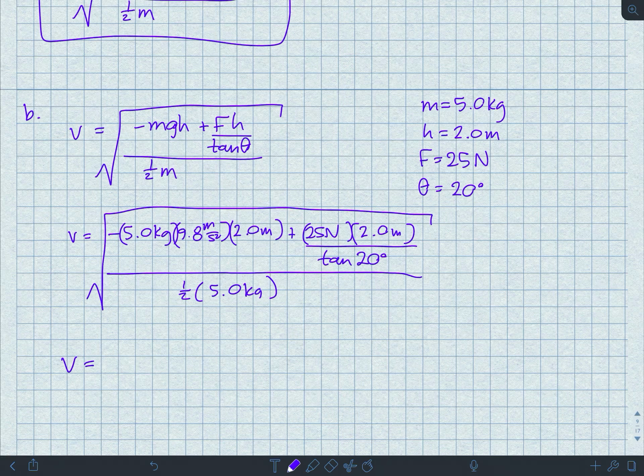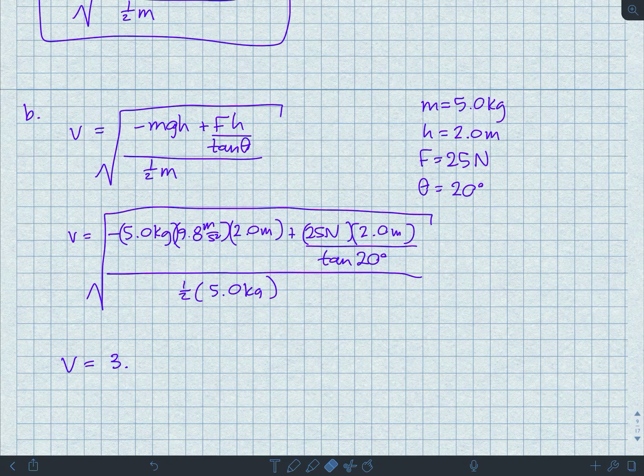Let's see how this goes in the calculator. All right, so I get a speed of 3.968.